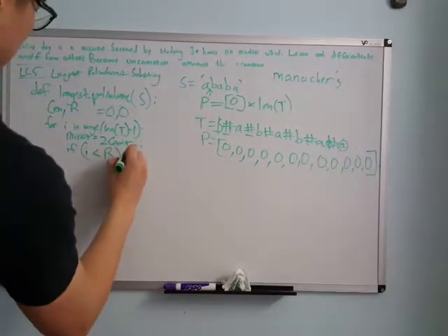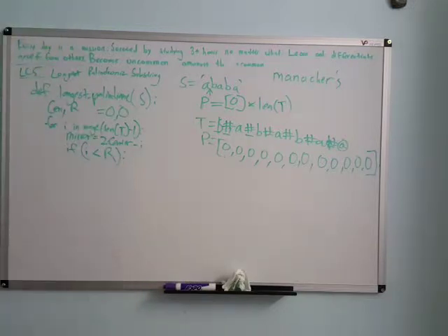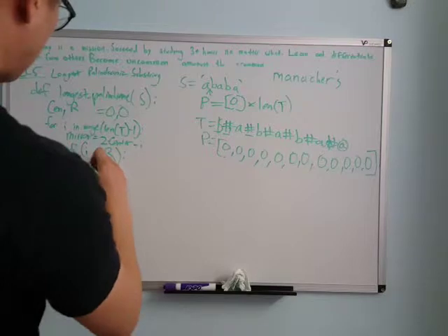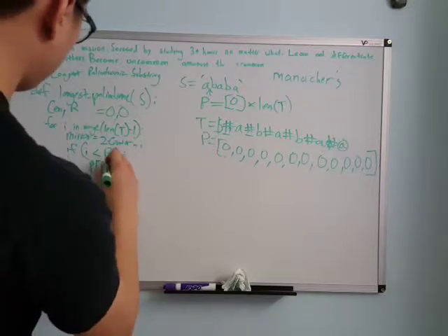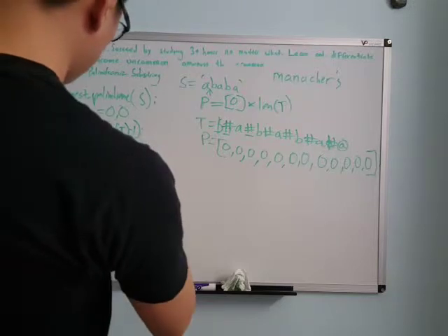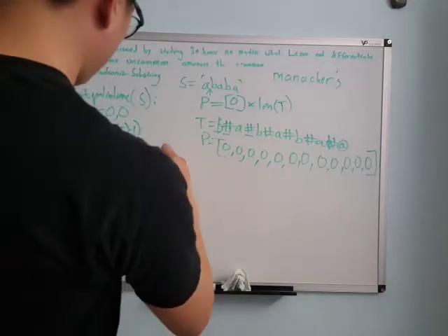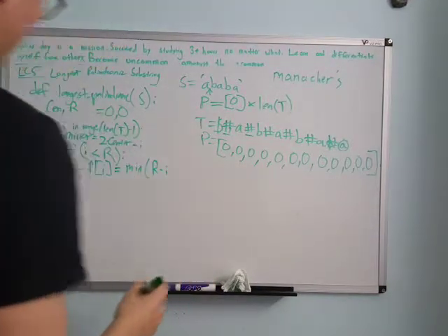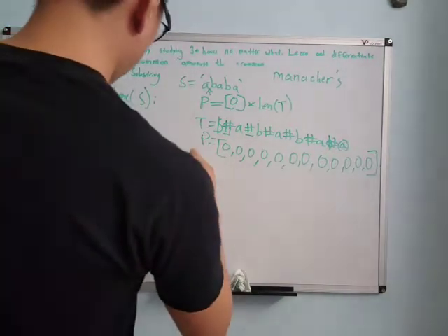If i is less than the right border, then we need to set P of i equal to the min of R minus i, or P at mirror.